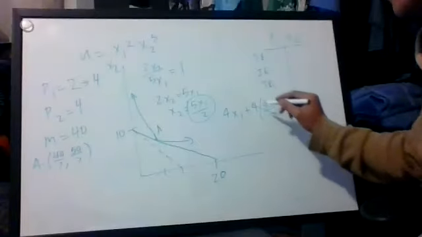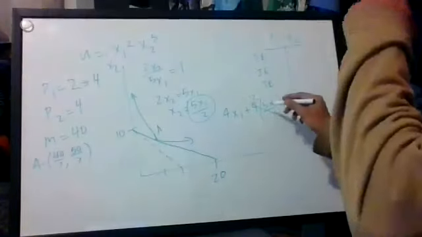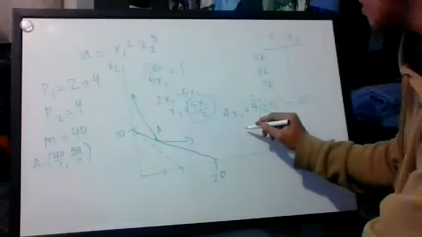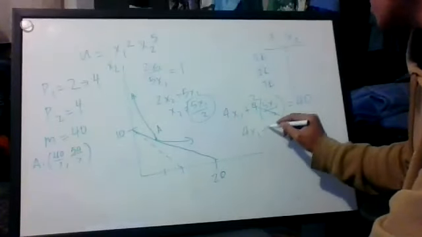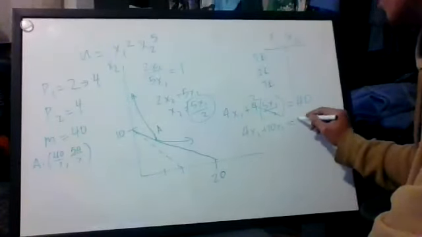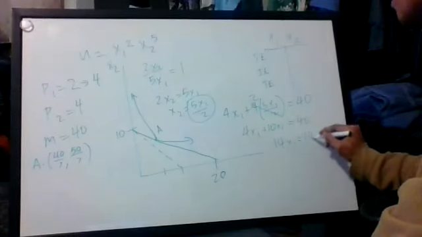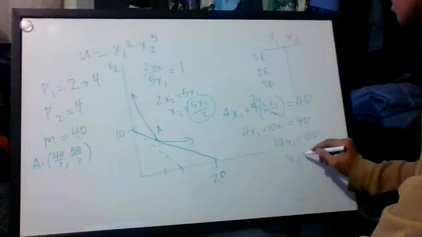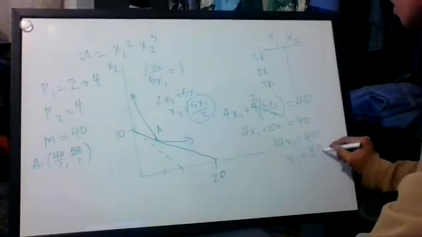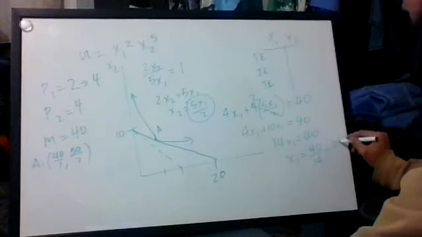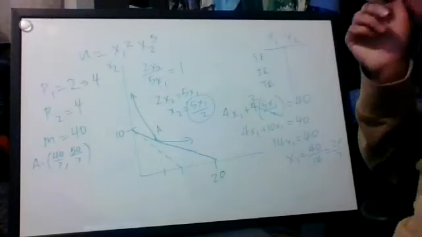The 4 and the 2 are going to cancel out so that I get 10. And so I get 4x1 plus 10x1 is equal to 40. So that 14x1 is equal to 40. x1 is going to be equal to 40 over 14, which is equal to 20 over 7.